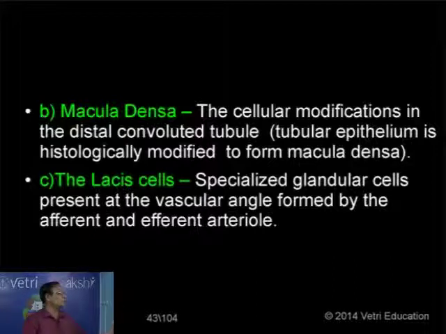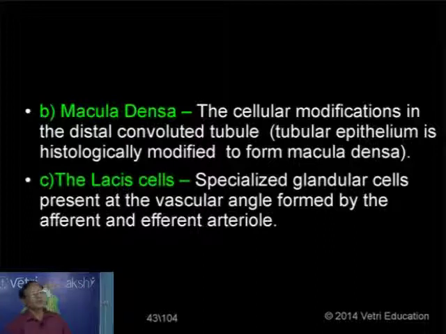Now the last one, the lacis cells. These are specialized glandular cells I mentioned already. They are normally present at the vascular angle formed by the afferent and efferent arterioles. So at the angle of the afferent and efferent arterioles, we have cells called the lacis cells.